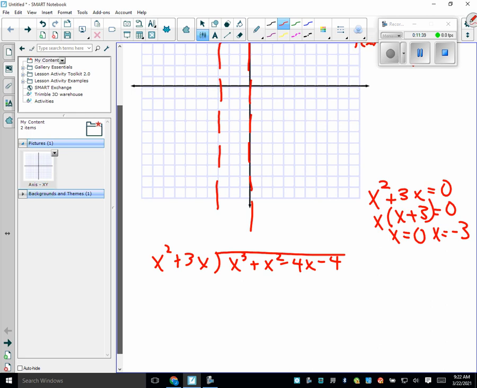It goes x, which gives me 3x squared, x cubed, change the signs, negative 2x squared. I have x minus 2. Is that what you all got?